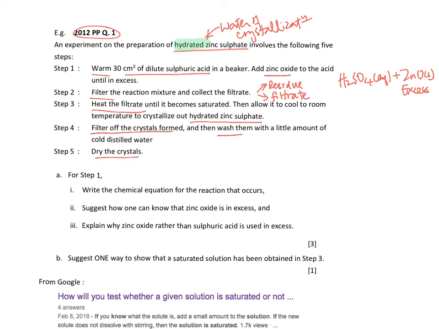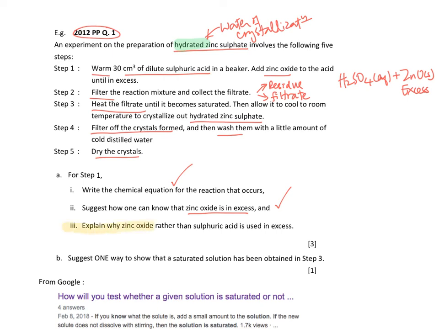Now for question A1, write the chemical equation, which is very easy. In A2, how do you know that zinc oxide is in excess? So I have just told you. And then in A3, explain why zinc oxide rather than sulfuric acid is used in excess.